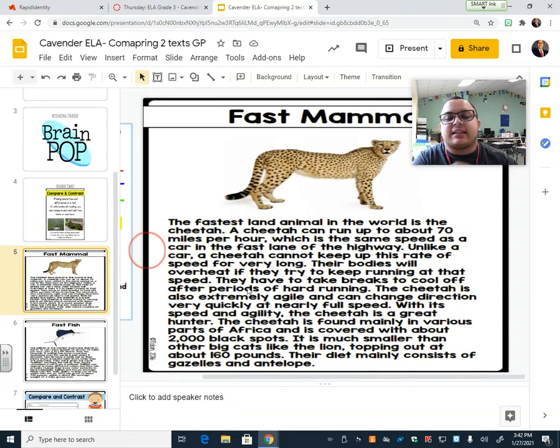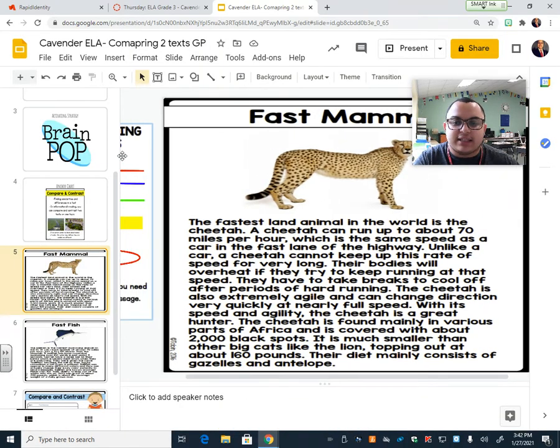So I'm going to highlight some of the things that I think are important in this text. I'm going to say that it's the fastest land animal, because that's pretty important. We know because the entire passage is about the cheetah. I'm going to say that going about 70 miles per hour is also pretty important.